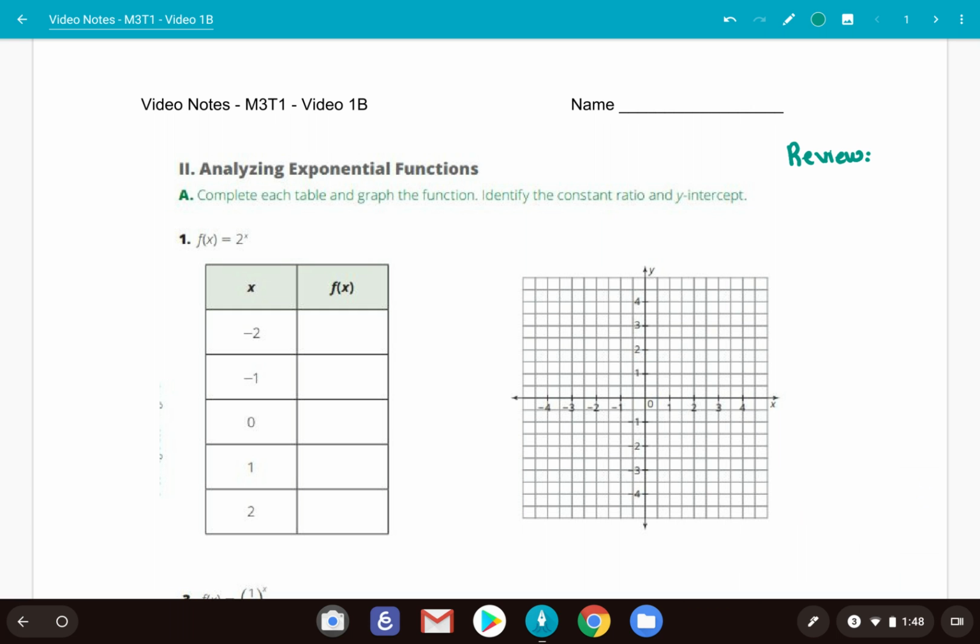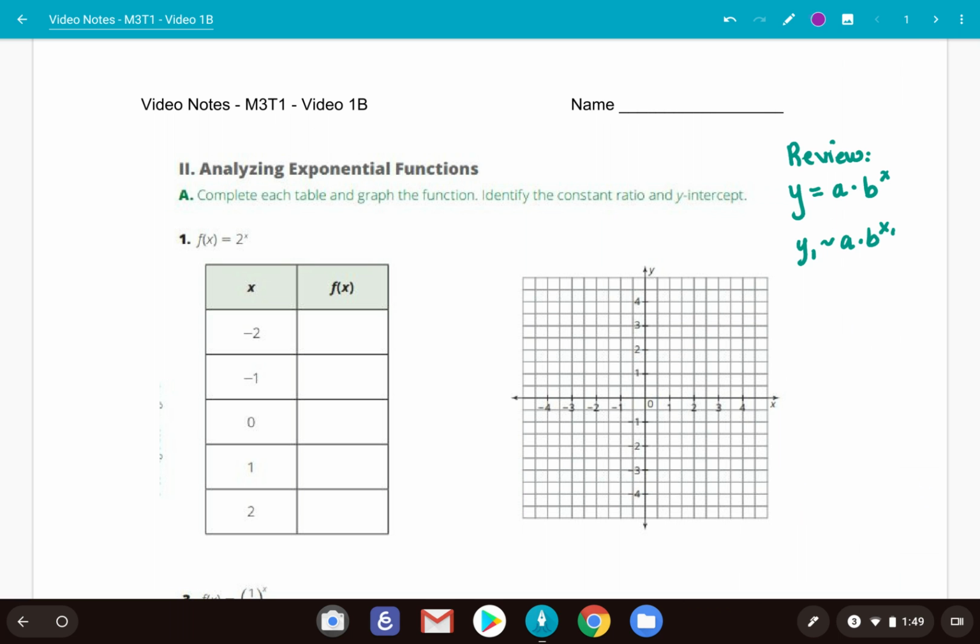We learned that the exponential function can be represented by this basic form, y equals a times b to the x power. And you can use the exponential regression, a times b to the x power, to help you figure out the equation of any exponential function if you have a table.